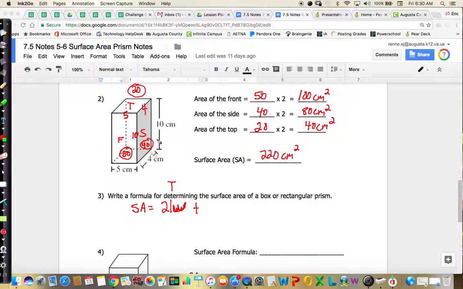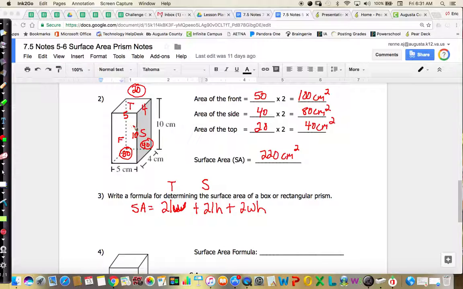So length and the height, because remember height is up and down when we're looking at the entire rectangular prism. And we're going to say 2LH, and this of course is the side, so put an S up here. And then we have 2 times width times height, which is basically the front.